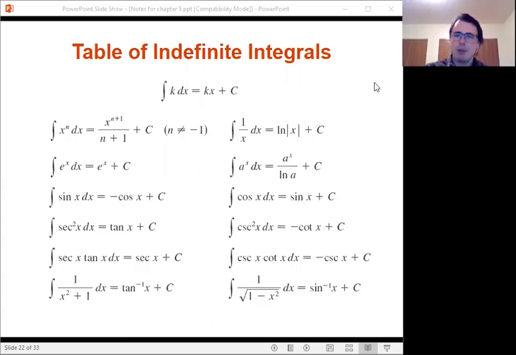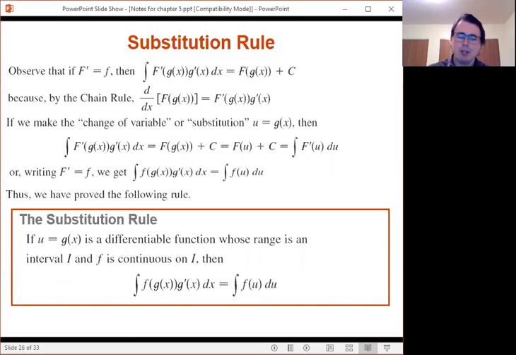Now, in general, the way that this rule works, this is called the substitution rule. And the idea is that we are going to undo the chain rule for derivatives.